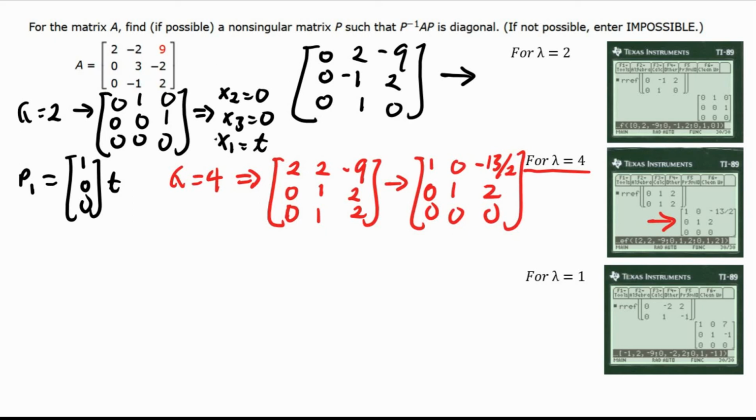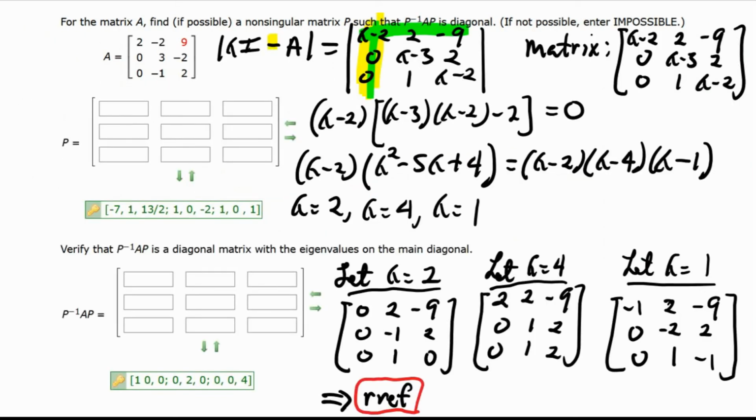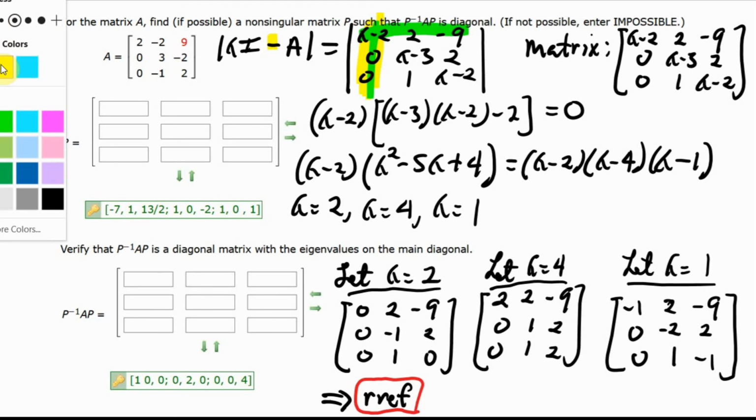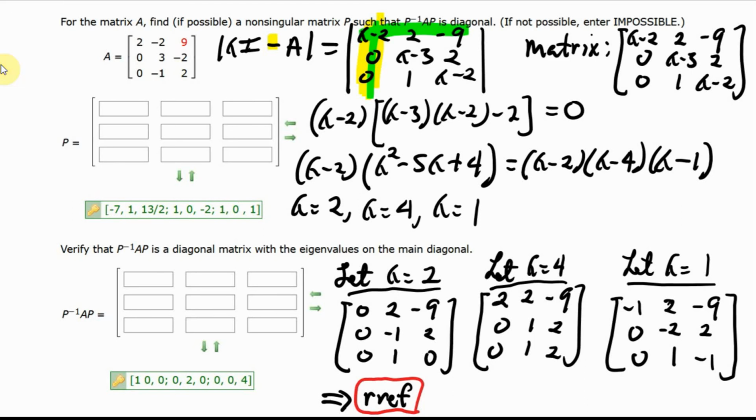Now it's interesting because the solutions that are given by Webb-Assign, these numbers here, which I got from Webb-Assign, it seems that he didn't use reduced row echelon form. It seems like his reduction was row echelon form. But I'm using something better.